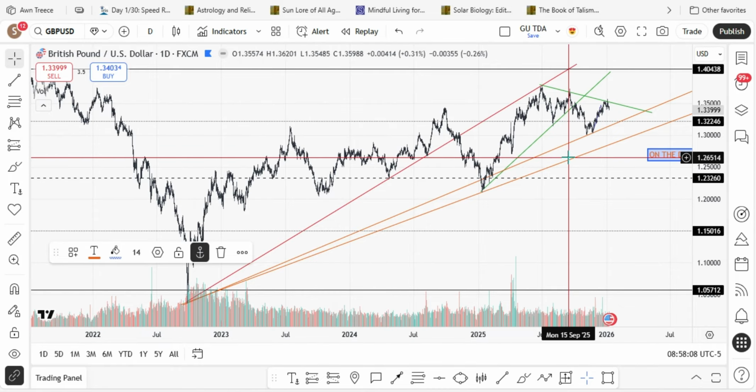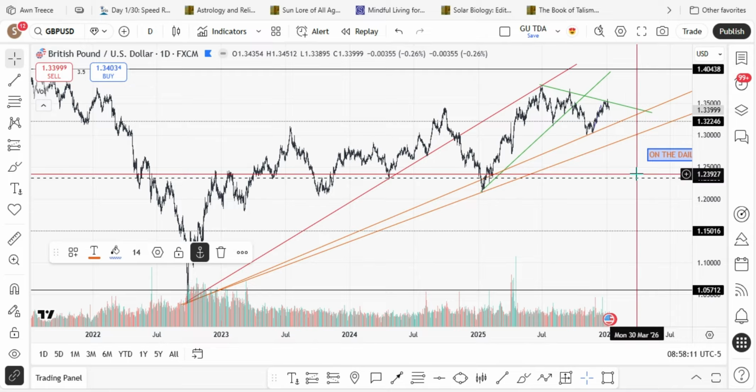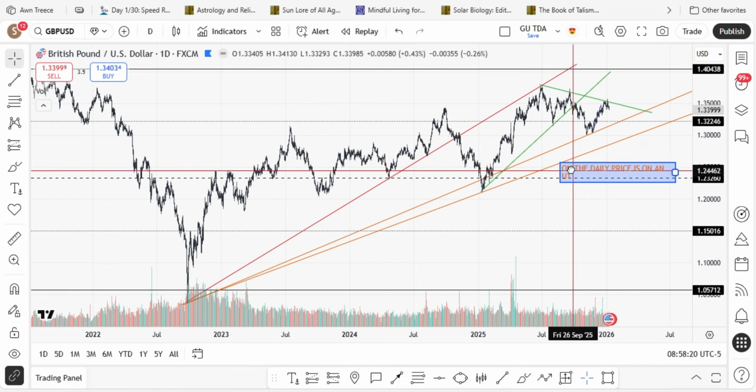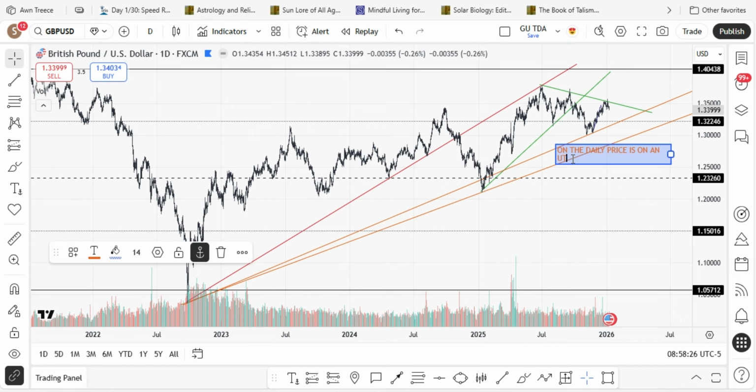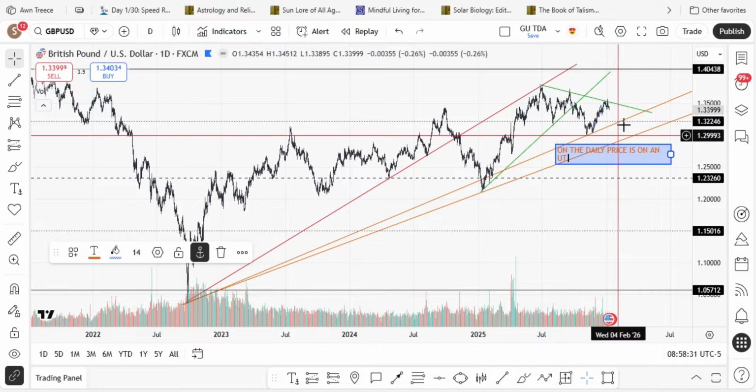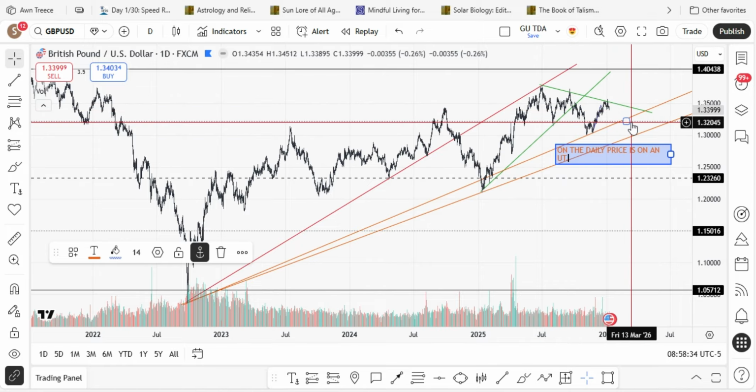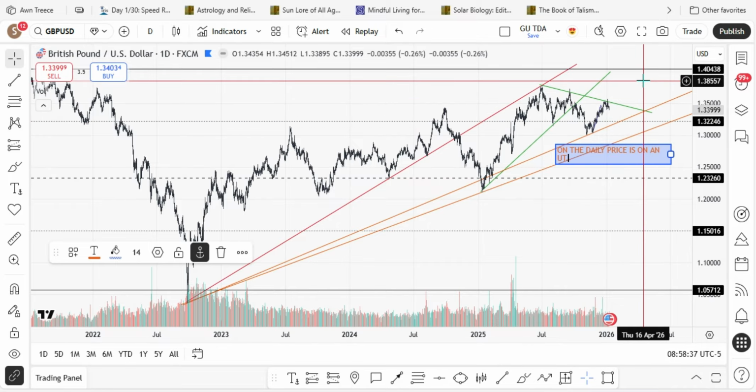On the daily, right, it is on an uptrend. Near a daily foundational level.